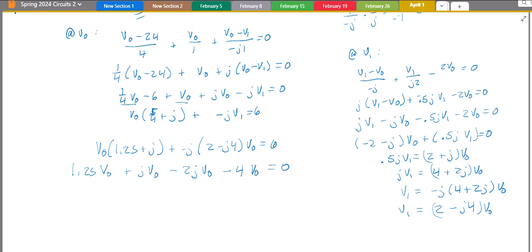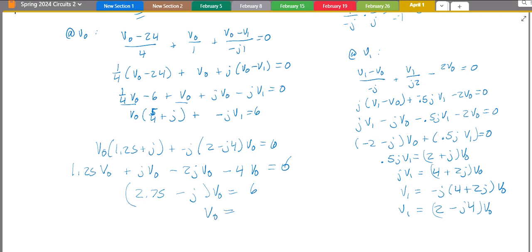So let's see, so minus 4 and plus 1.25 is 2.75, minus 2J plus J is minus J. V0 equals 6.